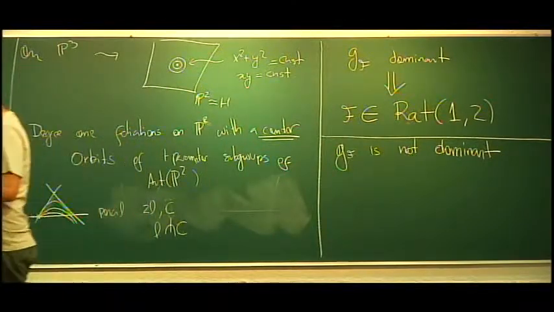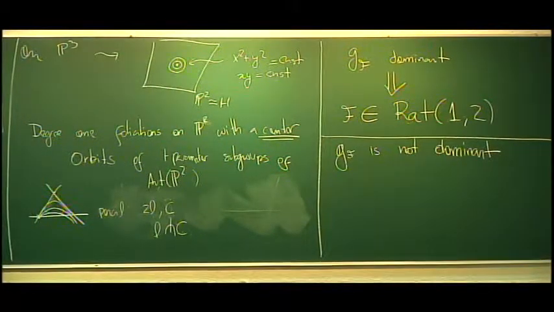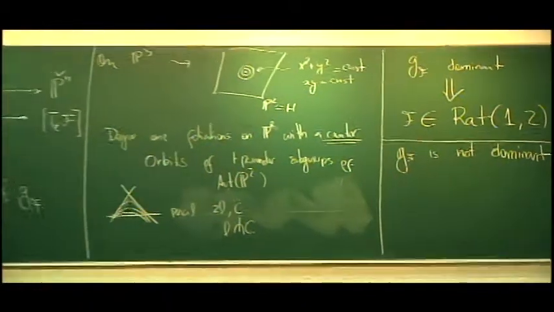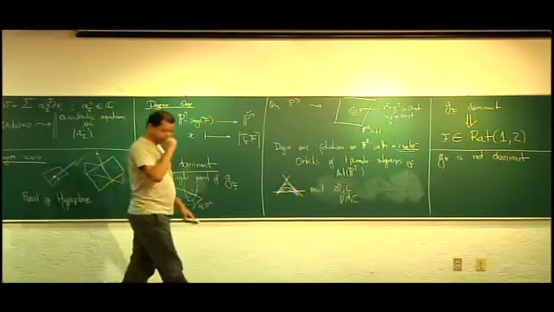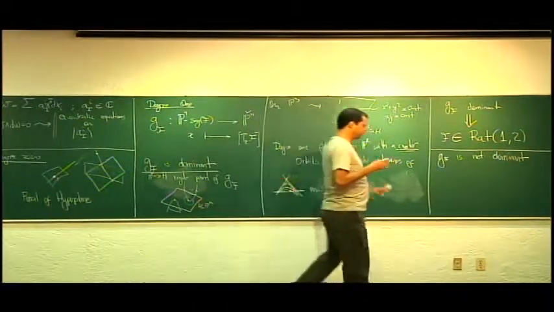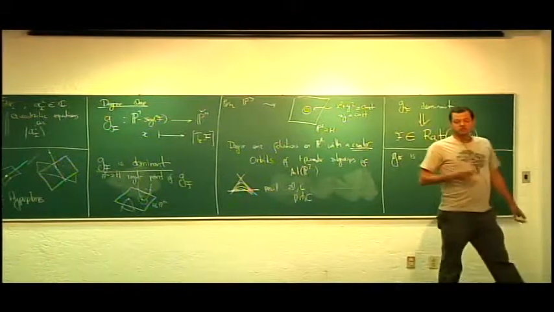So in this case, we can restrict this Gauss map to the leaves, and we are led to study germs of analytic surfaces, of holomorphic surfaces in P3, which have degenerated Gauss map.